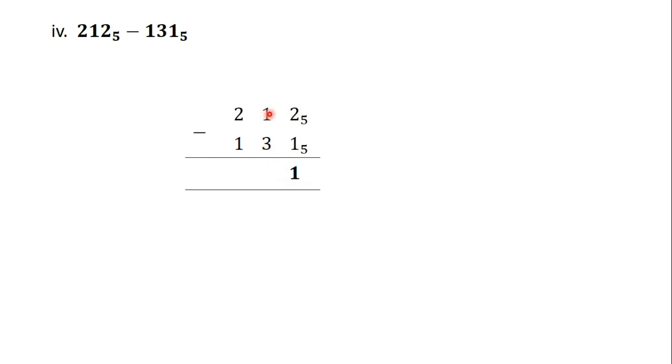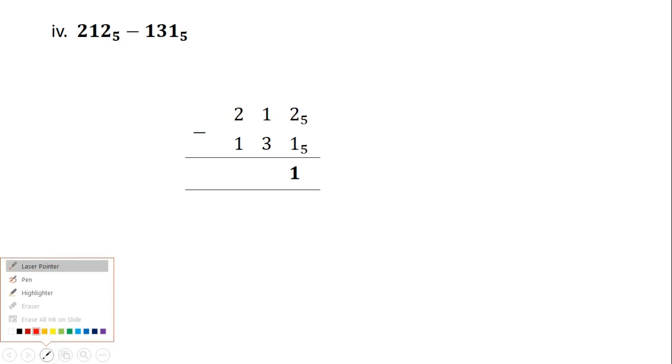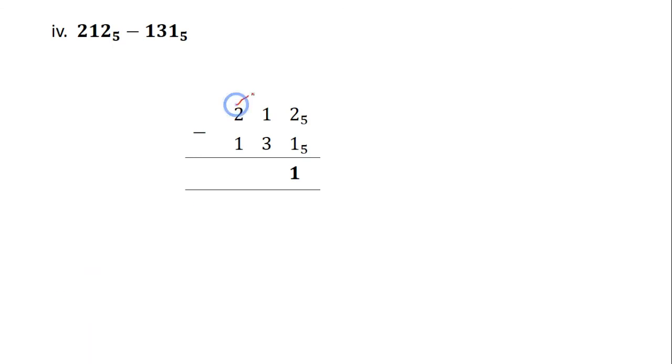When we come here, we have 1 minus 3. 1 minus 3 will give us negative 2. We can't write negative 2 here. So you have to borrow 1 from this side to this side. So we are going to borrow 1 from here to this side.